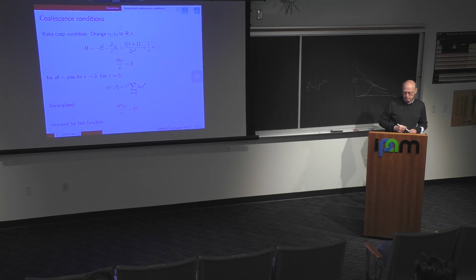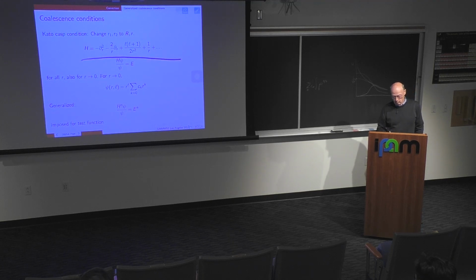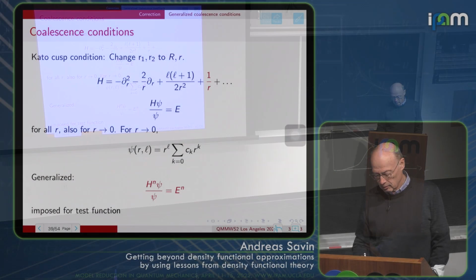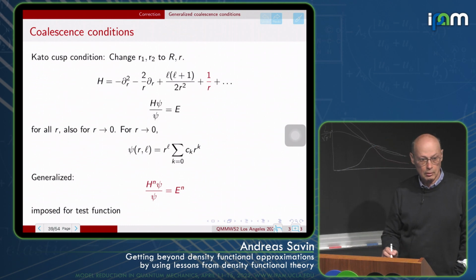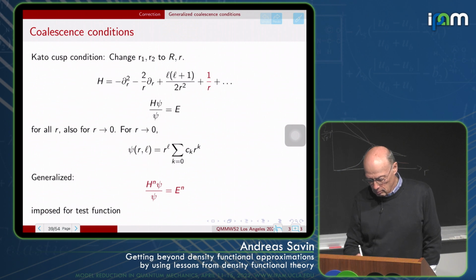The idea is not related to two particles; you can see it immediately also for the hydrogen atom. When you look at the Hamiltonian operator and calculate H psi over psi, it is a constant, the energy, the eigenvalue.